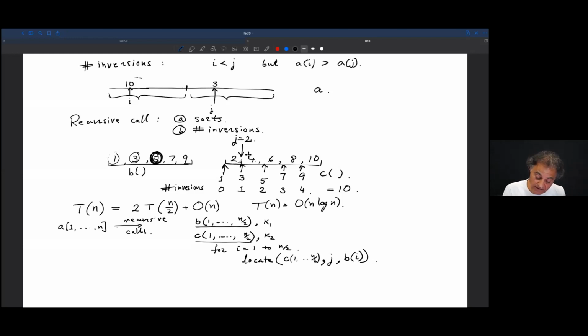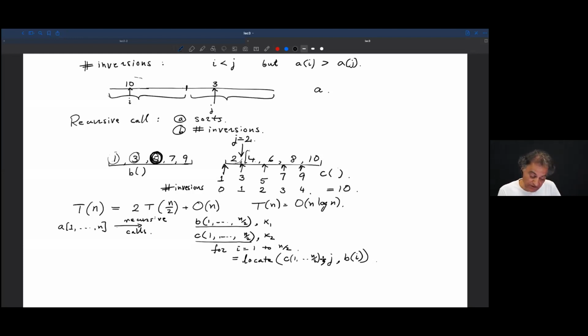It says that so far we've processed this far in the array B, and the elements 1 and 3 fit in here and here, and the rest of the array is still unprocessed. So j is this index. We still have to process the array C all the way from the second element onwards to n over 2.